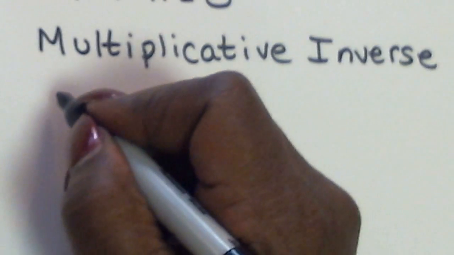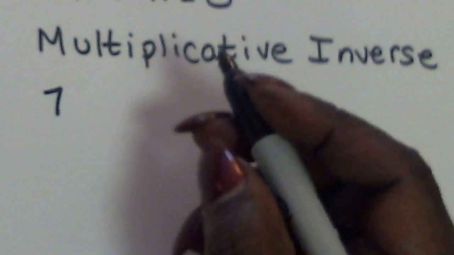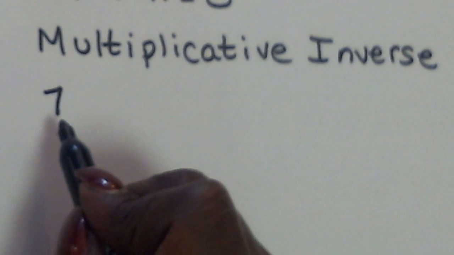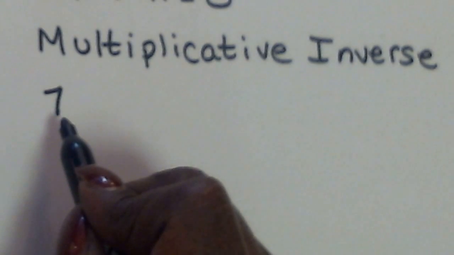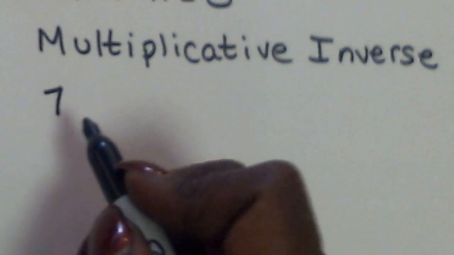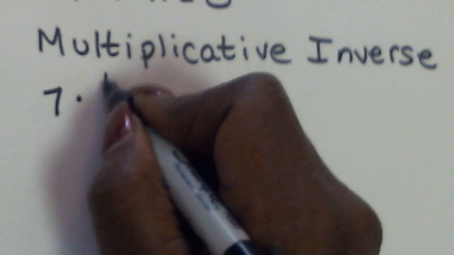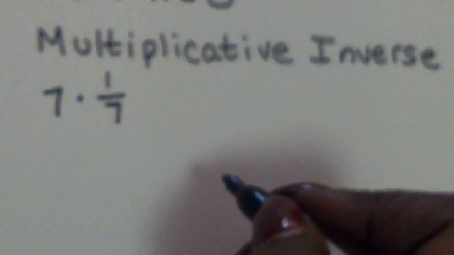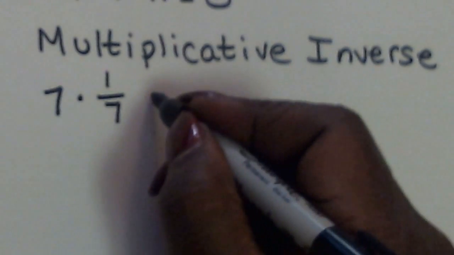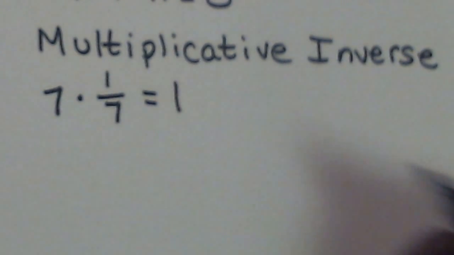So if I had the number 7, I need to find the number that I can multiply to 7 to equal 1 or to bring it to 1. So I would multiply it by 1/7. 7 times 1/7 is 1.